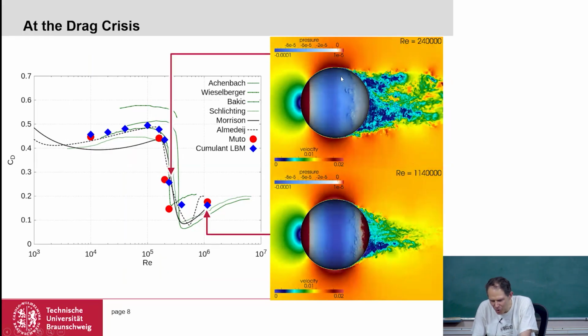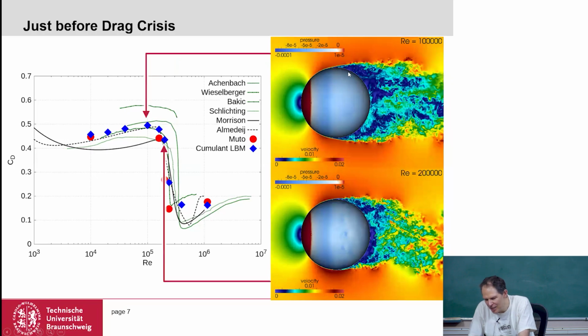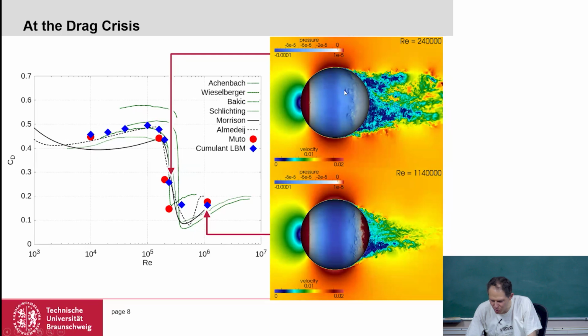And what now happens down here is that they get so small that they kind of forget that they would have to detach here, right? And so the wake that was diverging is suddenly converging.